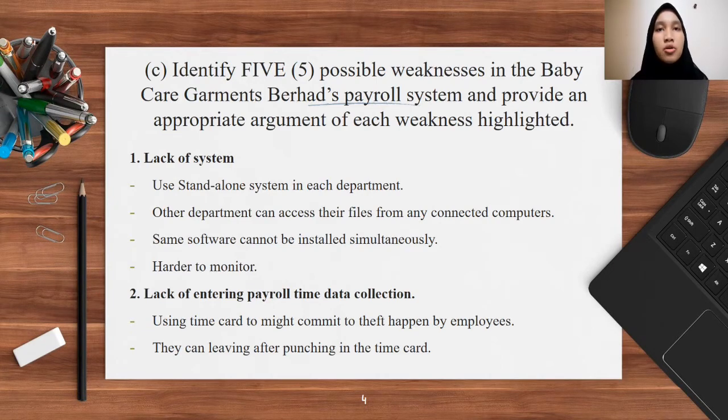Number two is lack of the interim payroll time data collection. Time cards are most suitable for small companies to record employee attendance.